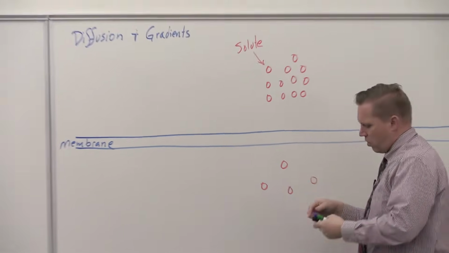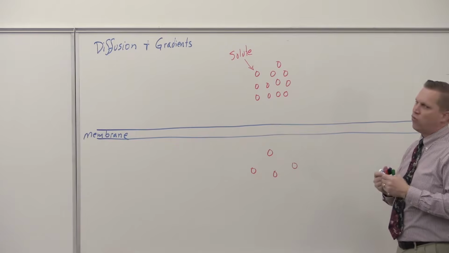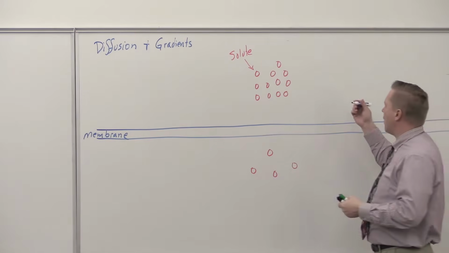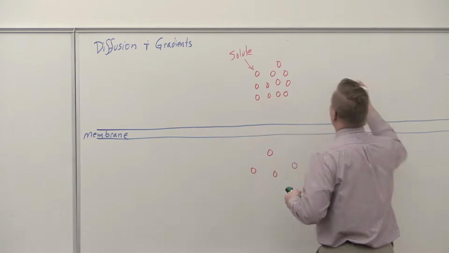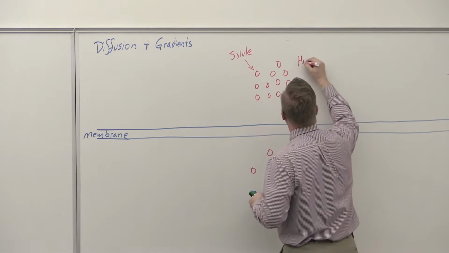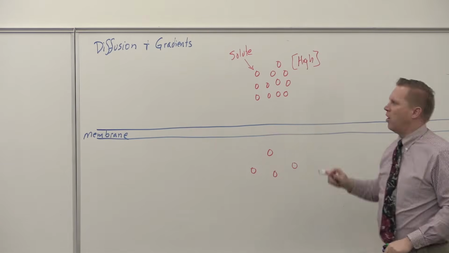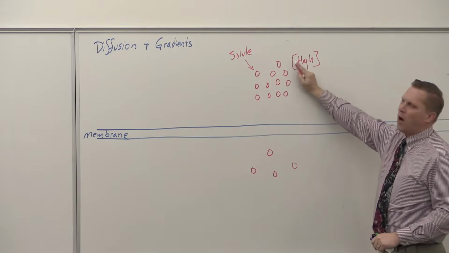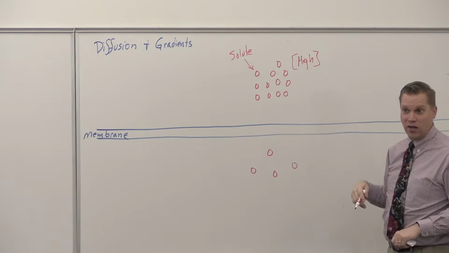Because the rule of concentration gradients is that gradients will flow from a high concentration. So up here, we have a high concentration of the solute. Remember, we use these square brackets to signify concentration.